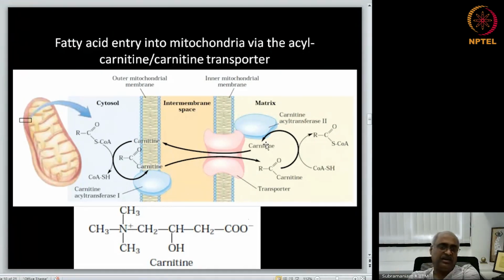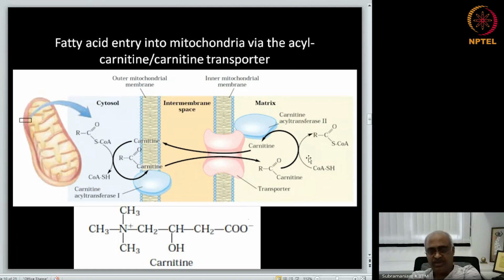And the free carnitine is transported back by the same transporter. That is why it is called the acyl-carnitine transporter. It transports both these molecules. That is how the carnitine cycle operates. The bold black arrows show the cycle. Here coenzyme A remains here, with its own function in fatty acid synthesis in the cytosol.